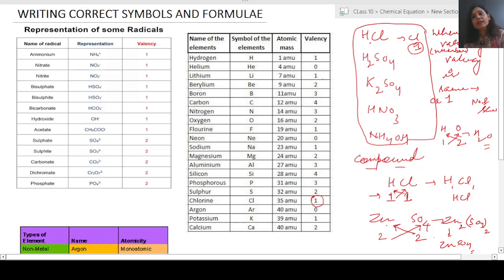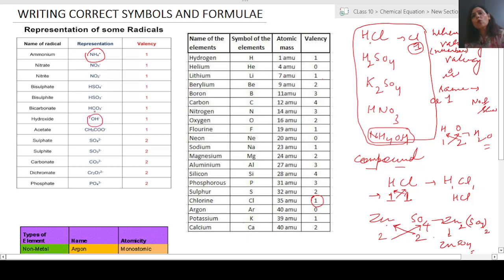So this is a very easy and smart way to remember the valencies of the radicals also. Like for example here, see NH4OH. Now you know that NH4 is a radical and OH is also a radical. See here, NH4 and then OH.